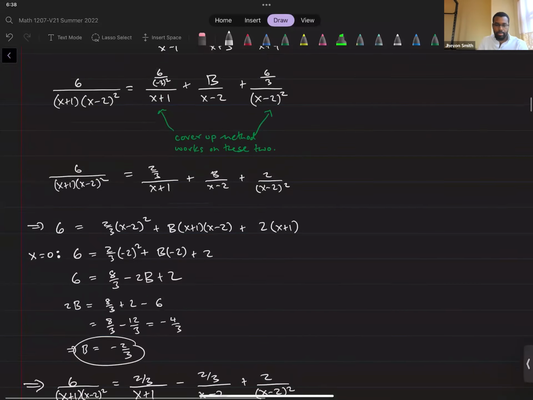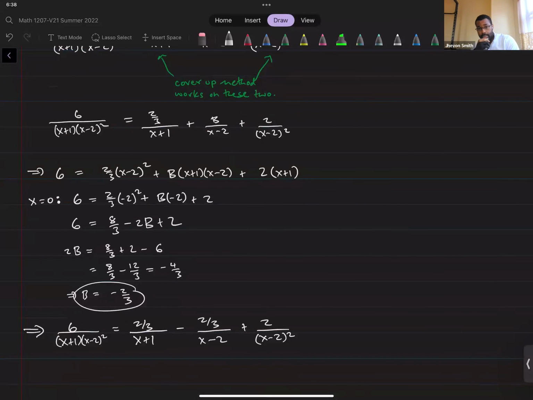So I can actually have the partial fractions there. So it turns out you do the math, you combine all the three fractions on the right side, you will actually get the fraction on the left side.